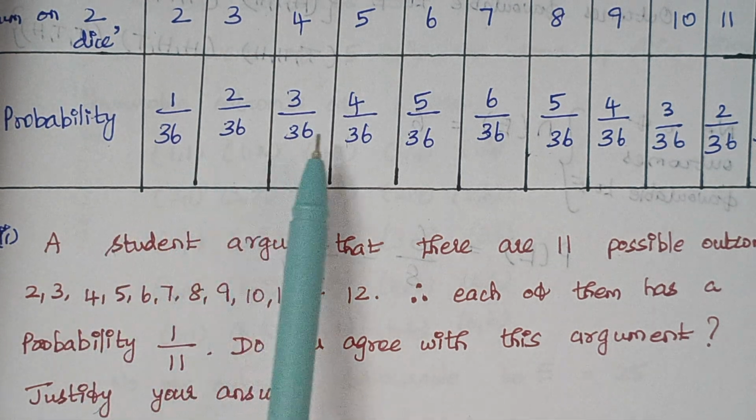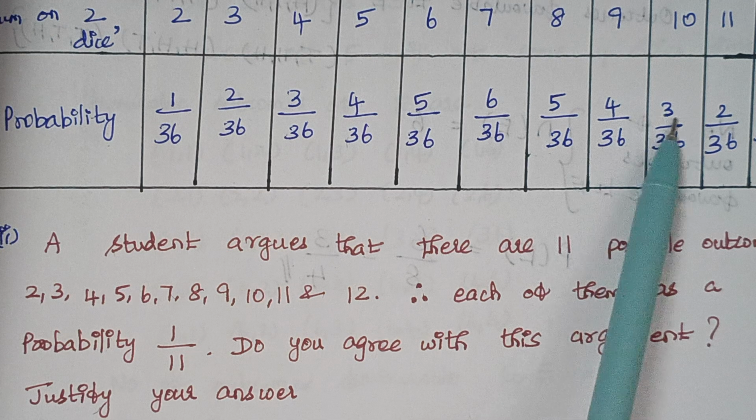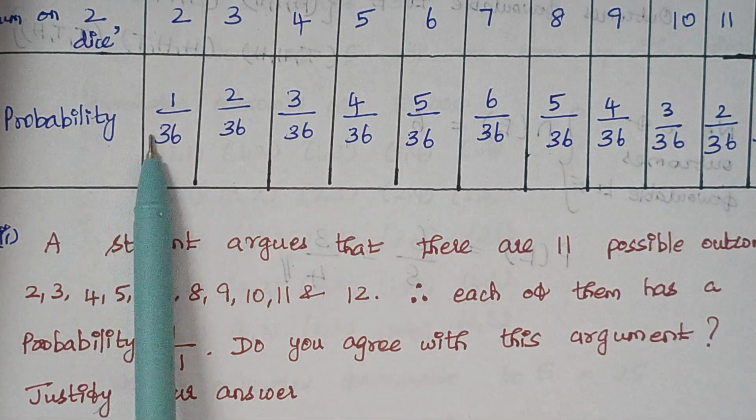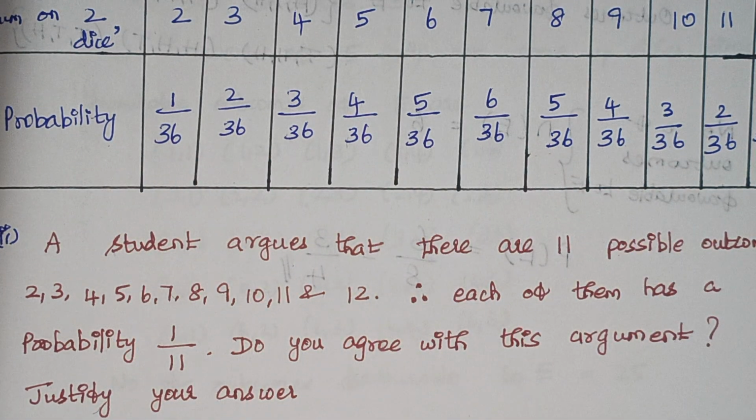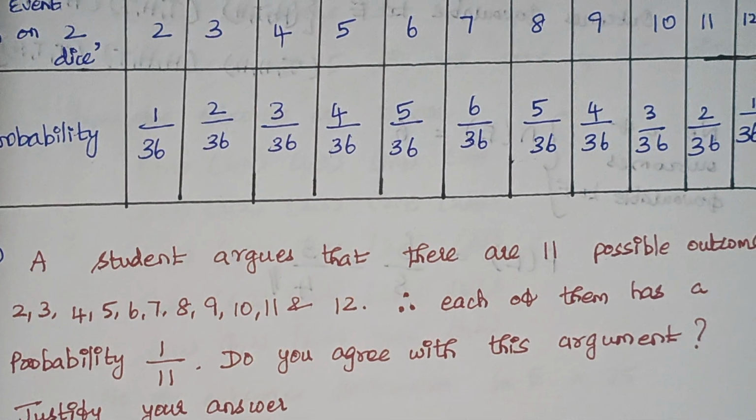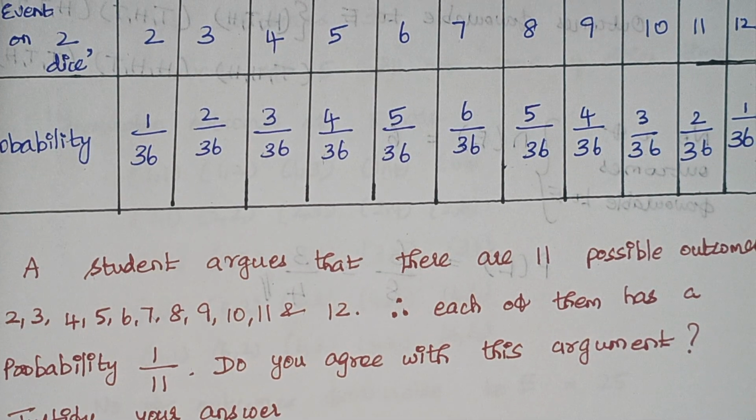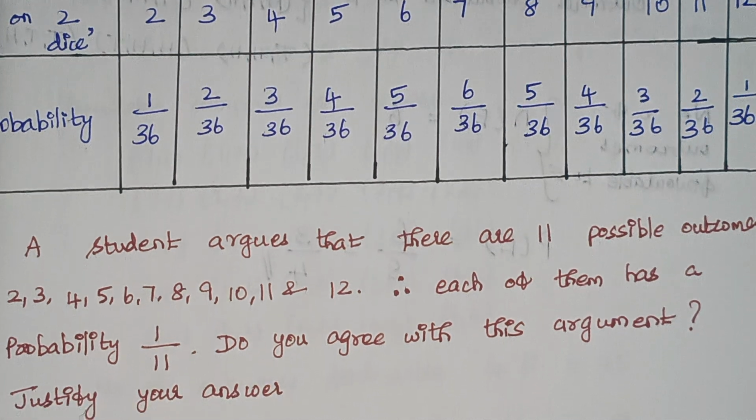Because here we have different values of probabilities. Not all the probability values are the same. It is totally different. So, do you agree with this statement? No, because we have different values of probability ratio. Why?